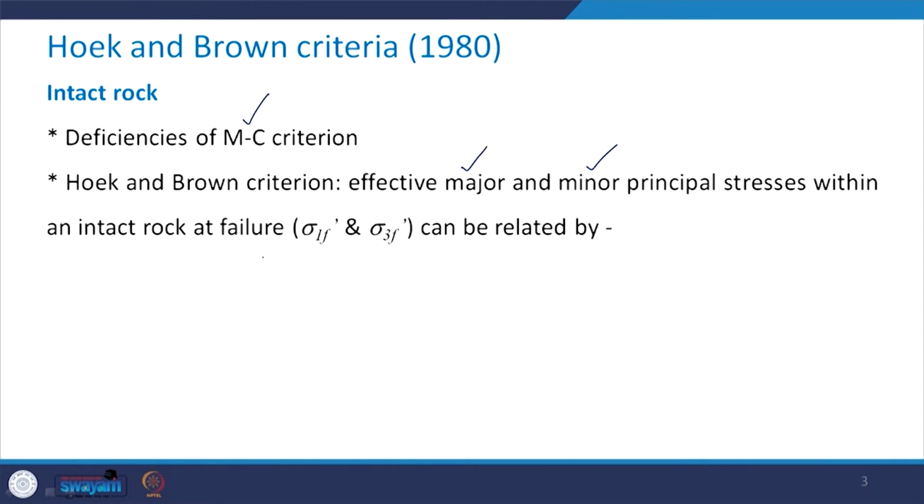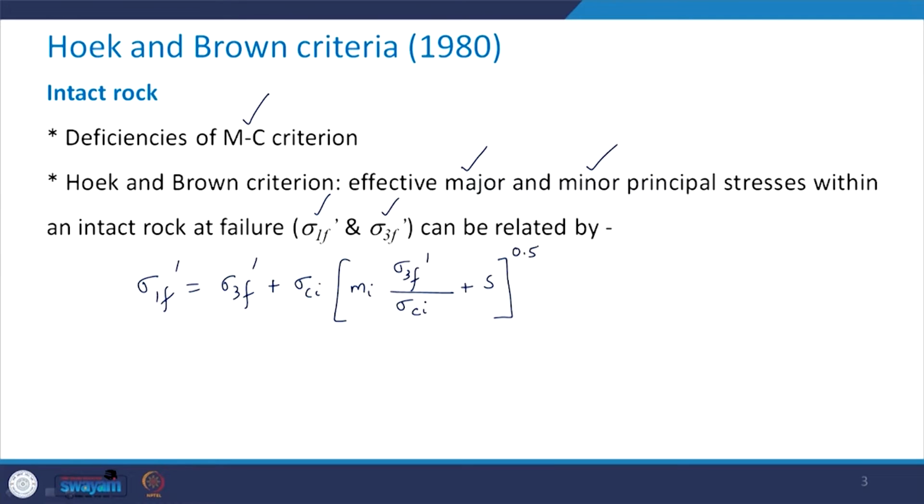The Hoek and Brown criterion in terms of effective major and minor principal stresses on an intact rock at failure, which are sigma 1f prime and sigma 3f prime respectively, can be related by this expression: sigma 1f prime is equal to sigma 3f prime plus sigma ci into the bracket m sigma 3f prime divided by sigma ci plus s, to the power 0.5.